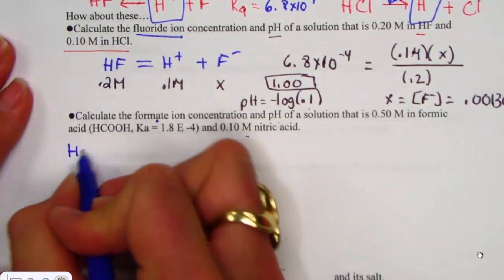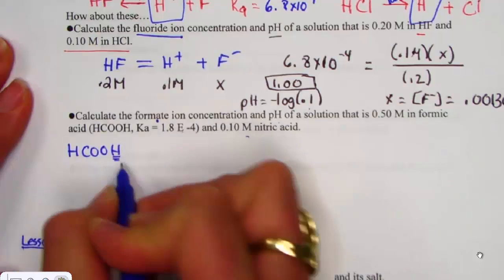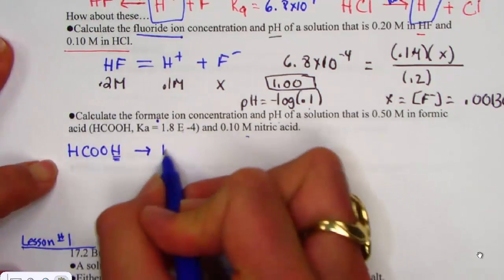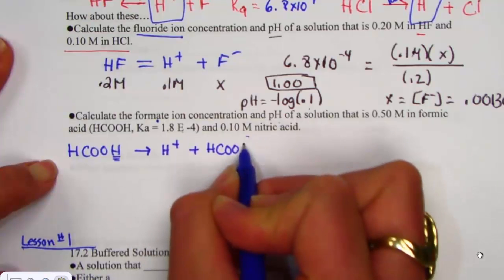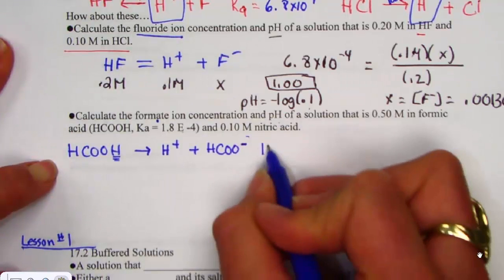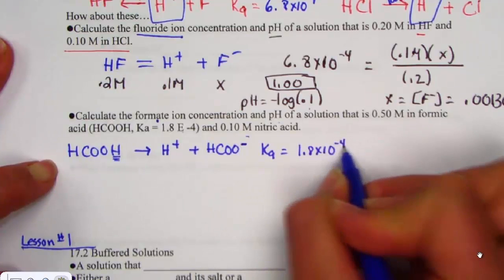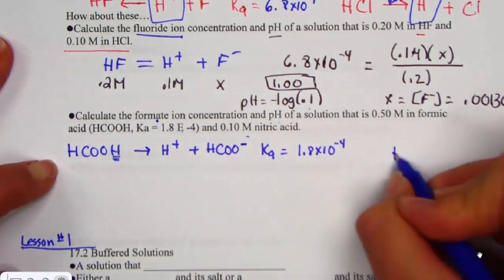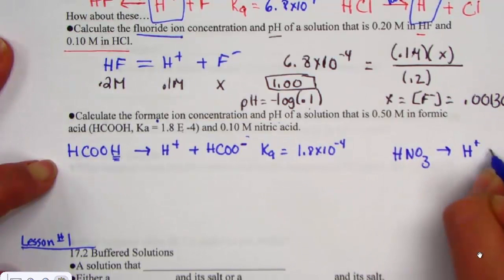Of course, the weak acid sets up an equilibrium. See that COOH? Right there is your ionizable proton. Hydrogen ion and HCOO negative, the Ka 1.8 times 10 to the negative 4. Nitric acid is one of our strong acids, 100% dissociates.